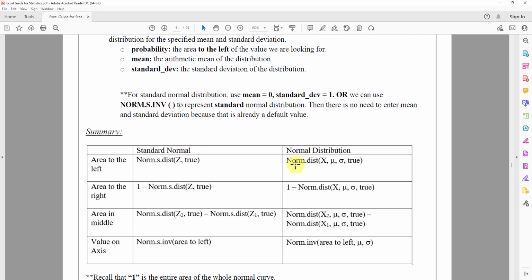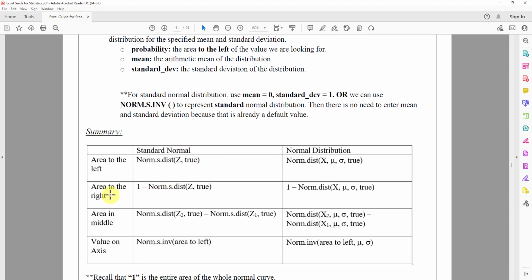If we are using a different mean and standard deviation compared to the standard normal case, then we use the NORM.DIST without the s, and then we input the x, right? The x and the mean, the standard deviation, and we put in the true argument, the last argument. That means I'm looking for the left area. I'm looking for the cumulative value.